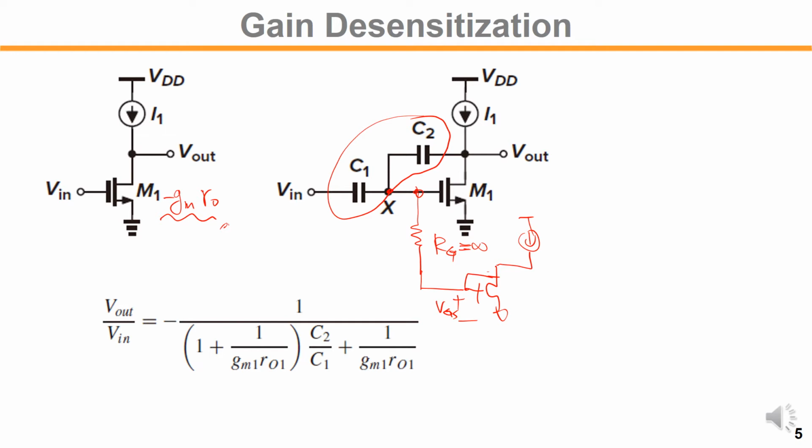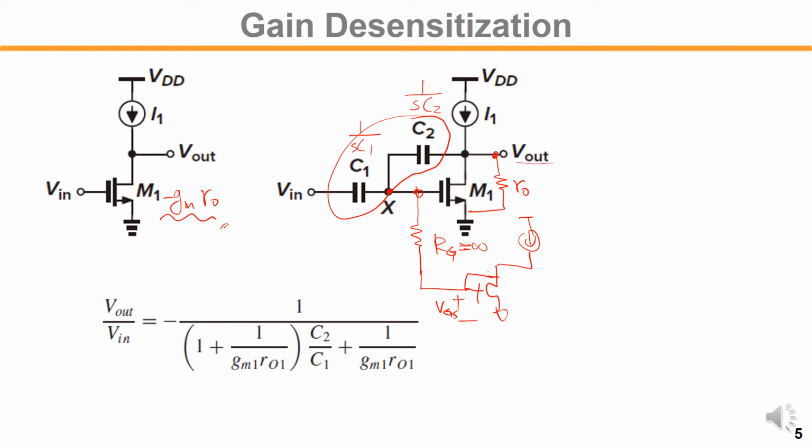For this capacitive feedback analysis, you can take the impedance as 1 over SC1, like that. Here we have R1 and RO. The simplest way, although it involves some mathematics, is to do it like this.